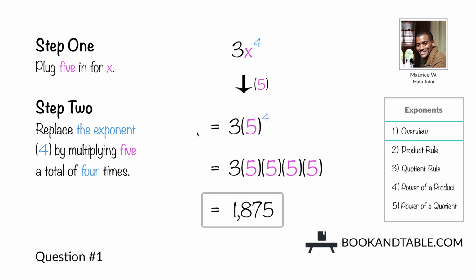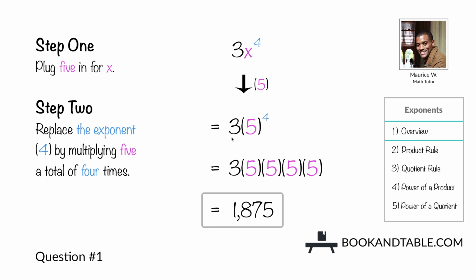Question number 1, we were given the monomial 3x to the 4th. Here we see our exponent is the number 4, and it's being applied to the base of x. So since we're evaluating for x is equal to 5, step 1, plug 5 in for x. So where we see x, we plug in 5.